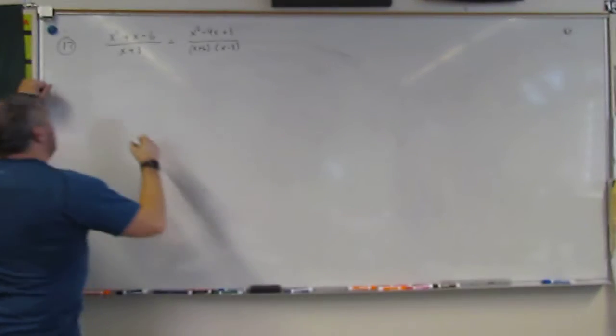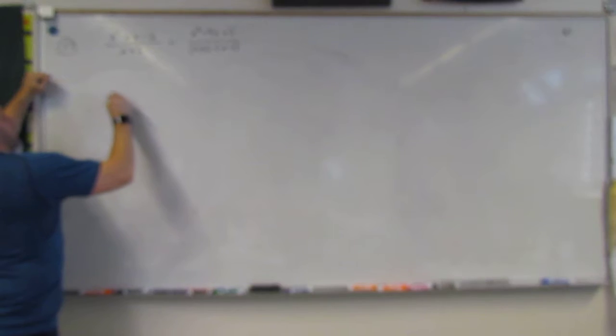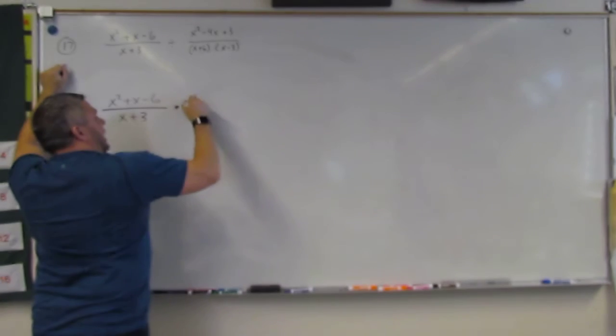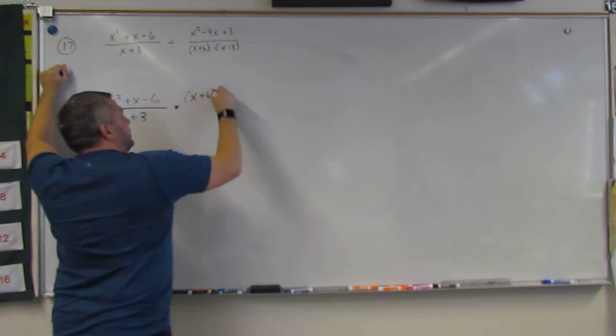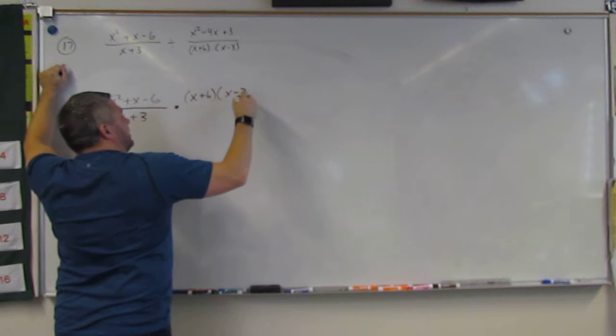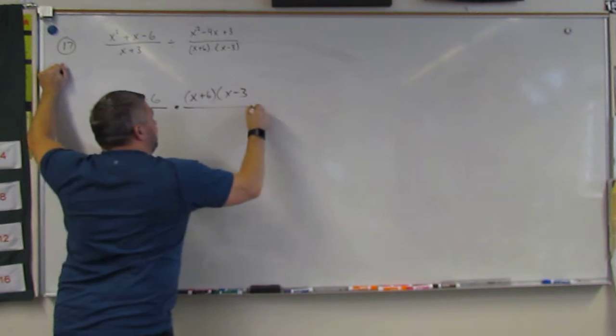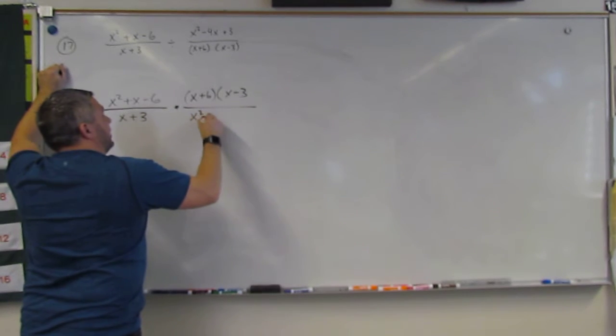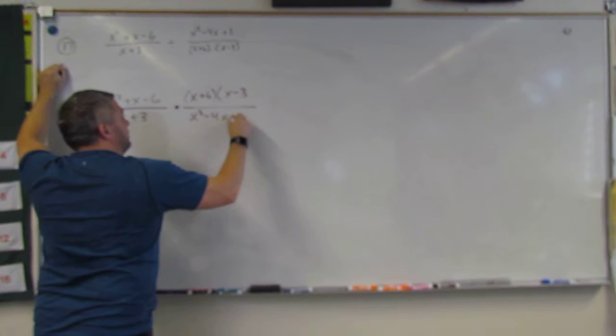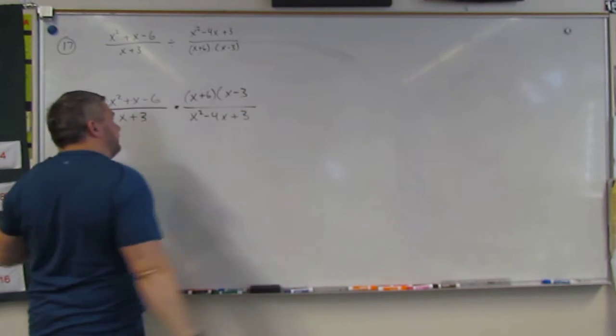So it's going to be x squared plus x minus 6 divided by x plus 3, times x plus 6 times x minus 3 divided by x squared minus 4x plus 3.